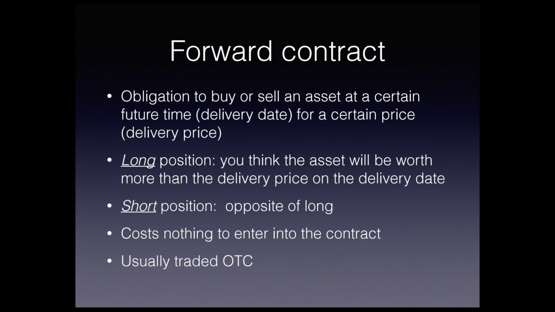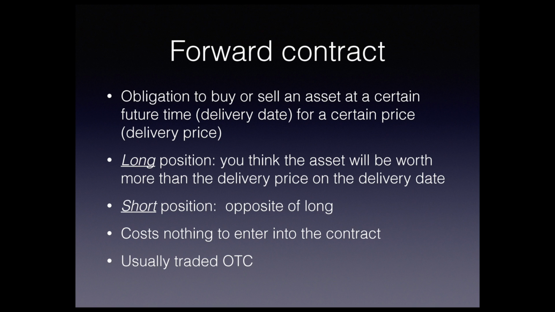So the simplest one is a forward contract, and that's simply an obligation to buy or sell an asset at a future date. If you think that the asset's going to be worth more than the delivery price, then you're taking what's called a long position. So if I'm growing soybeans now, someone may want to buy that because they think, let's say $1 a bushel or whatever soybeans are traded in.